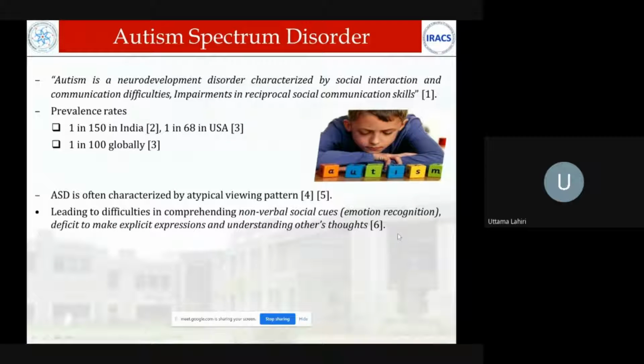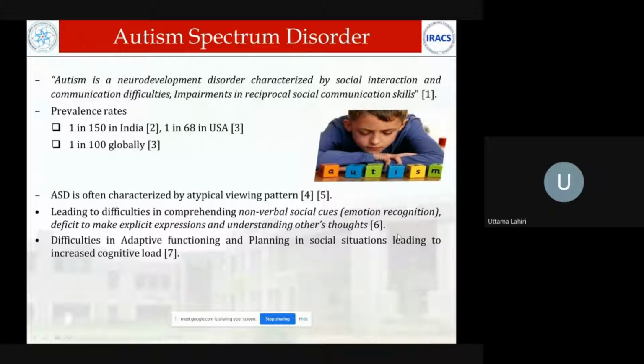As a result, they have problems understanding the emotions of their social partners, particularly non-verbal social cues, given their restricted ability to express their own emotions and understand others' thoughts. And this leads to them being misplaced from the social communication or social interaction scenario.